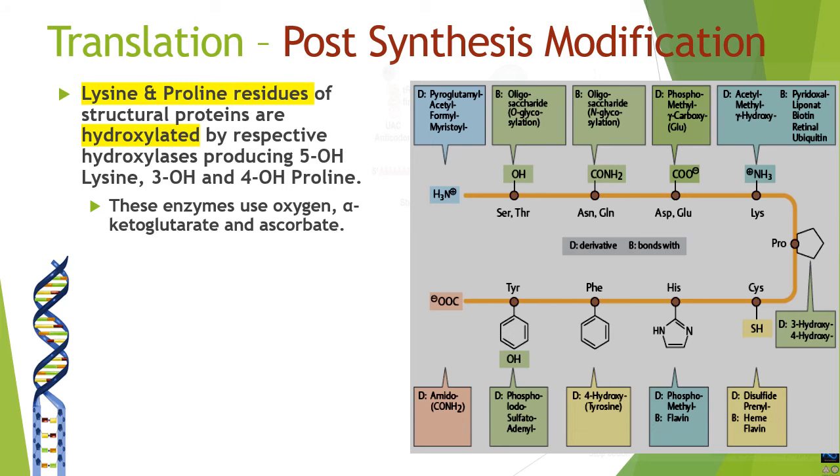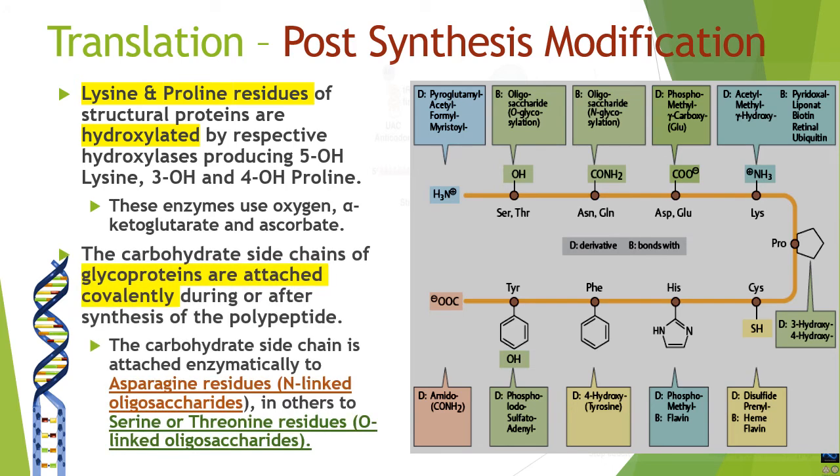These are intertwined into each other and give higher strength and higher structural stability to the structural proteins. This hydroxylation involves alpha-ketoglutarate, ascorbate, and oxygen for the synthesis of the hydroxylated forms of lysine and proline.